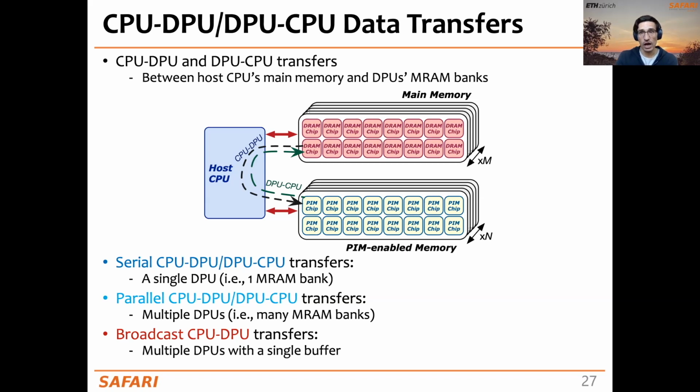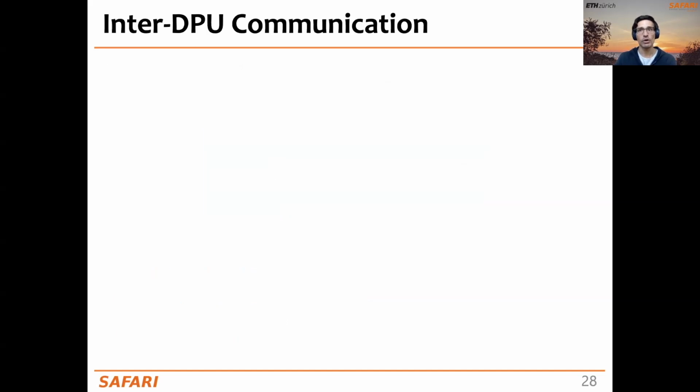And understanding how these transfers work is important not only because the execution of any program on the UPMEM-based PIM system starts and ends with these transfers, but also because during the execution of the program, we need to use them as well for communication across DPUs.